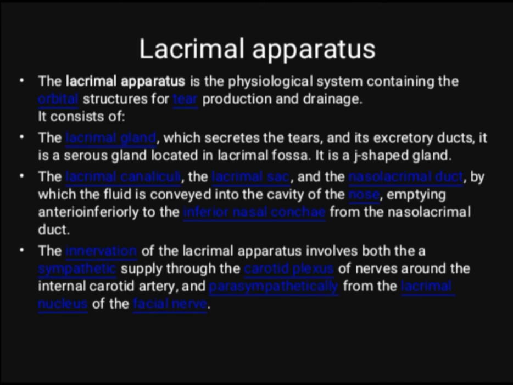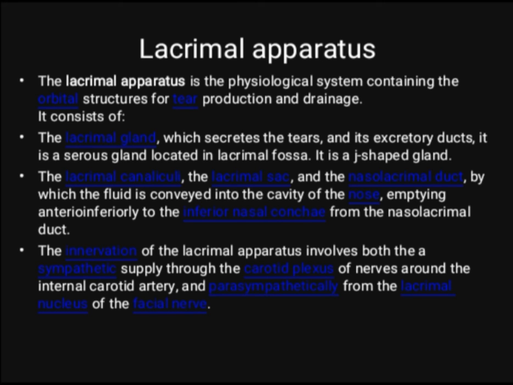These help the tears drain out through our nose. That's why when we cry a lot or feel emotional, our nose chokes, because there is lots of drainage of tears. That's why sometimes our nose also starts running when we are crying. Our nasolacrimal duct is connected.